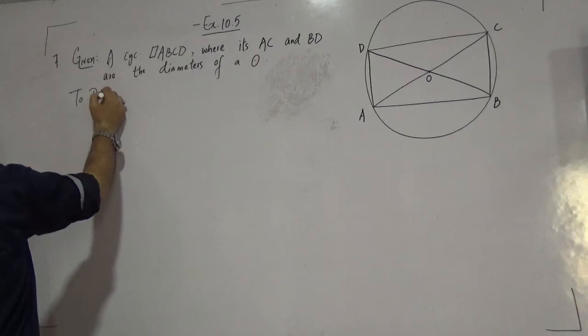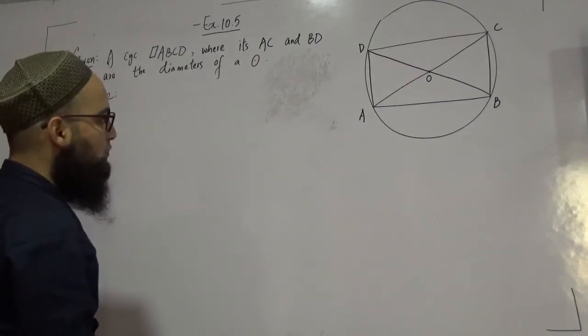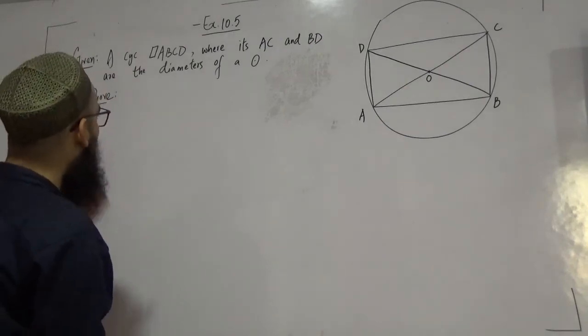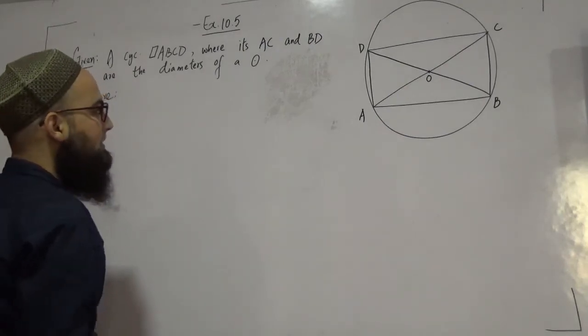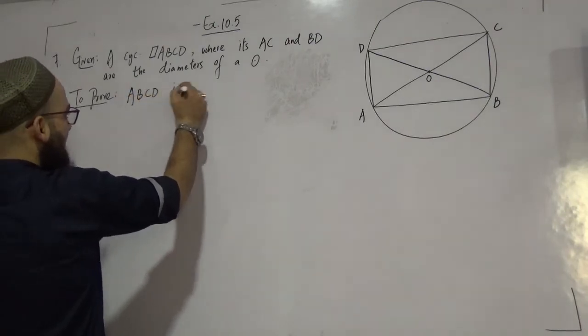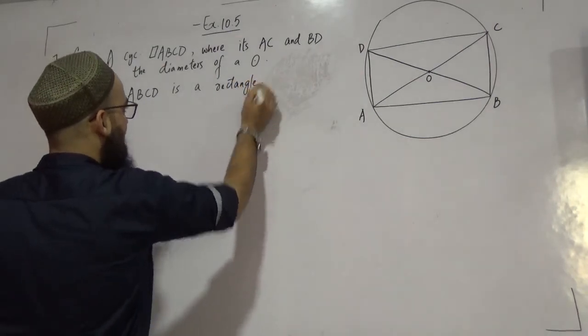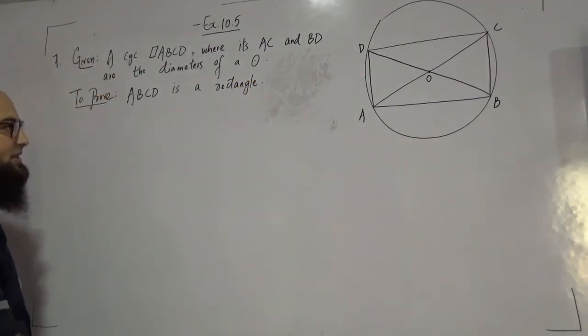To prove, what we have to prove? We have to prove ABCD is a rectangle. Now let us try to prove it.